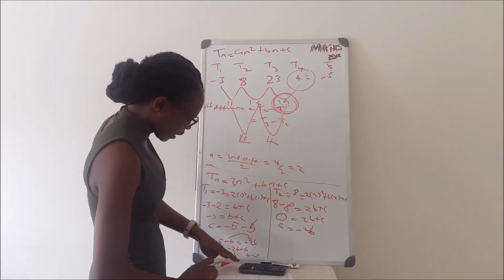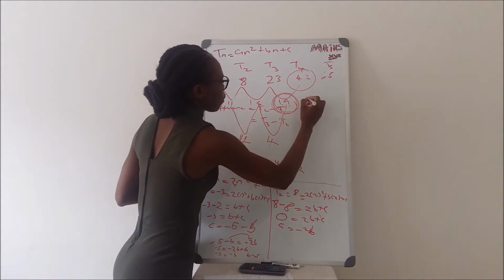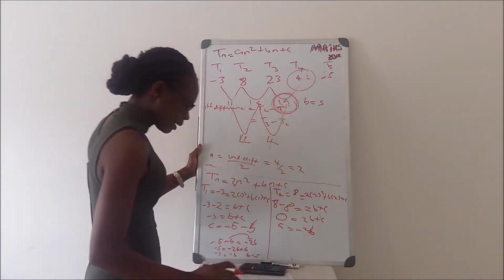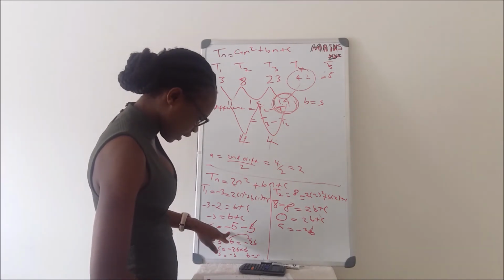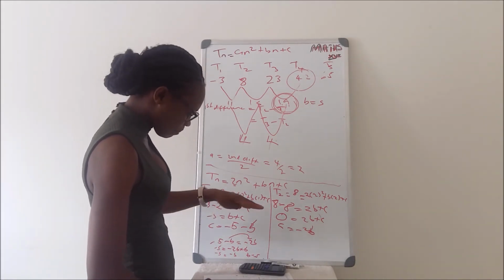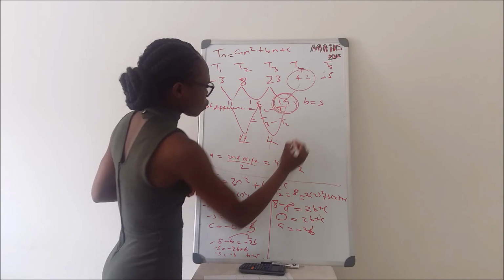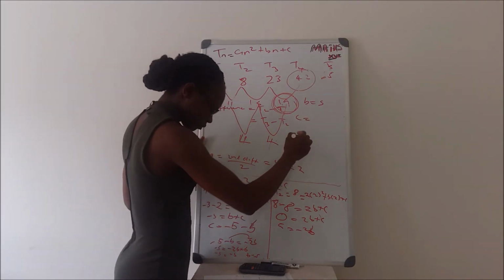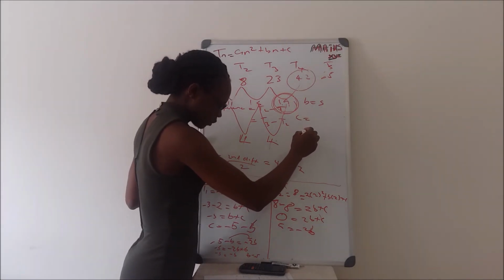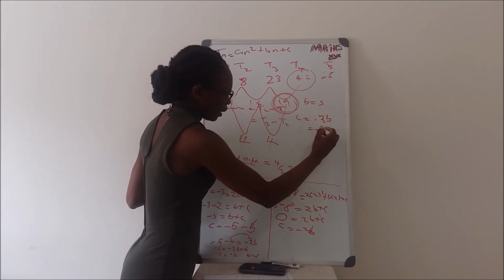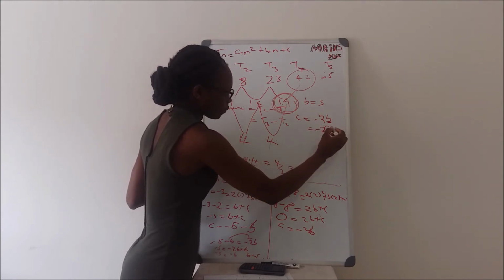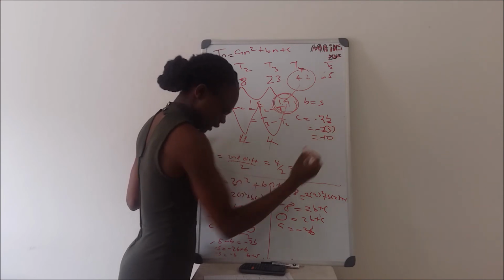Alright guys, so we have b equals 5. Now we can substitute b into one of these equations to get our c. So our c would be -2b, which is negative 2 into our b, which is 5, which gives -10.